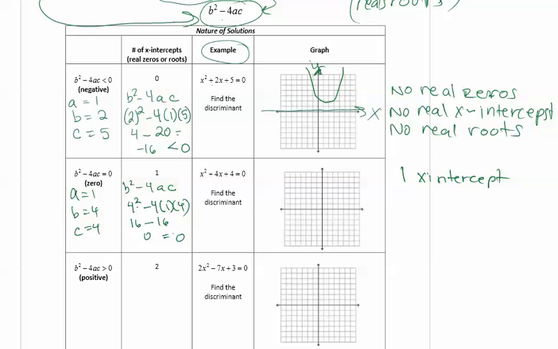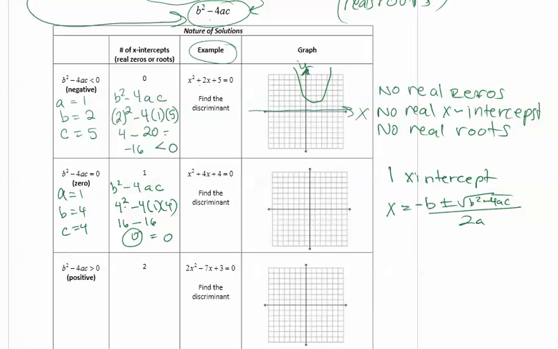Since I've already done this and I know what goes under the radical, I'm just going to do x is equal to negative b plus or minus the square root of b squared minus 4ac, all divided by 2a. I already have that radical part worked out. So x equals negative b.